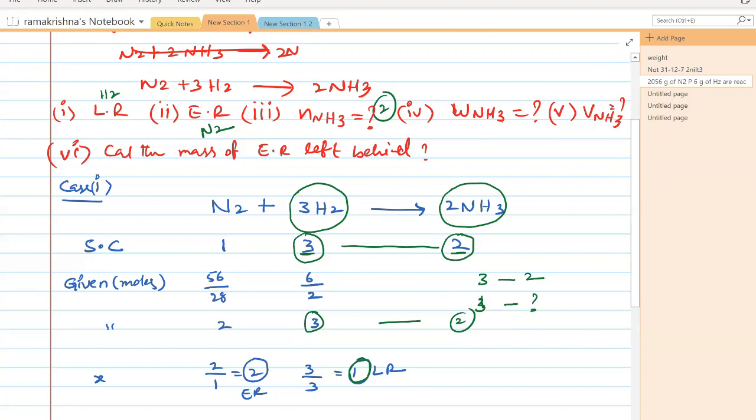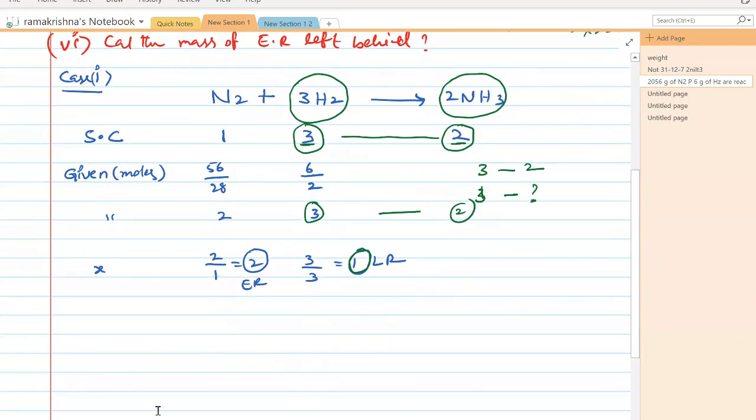Now, what is the weight of NH3? 2 into 17. What is the volume of NH3? 2 into 22.4 liters. What is the mass of excess reagent left behind? This is very important. At time t equal to 0, we have 2 moles of N2 and 3 moles of H2. Out of 2 moles, how many moles have reacted? 1 mole.